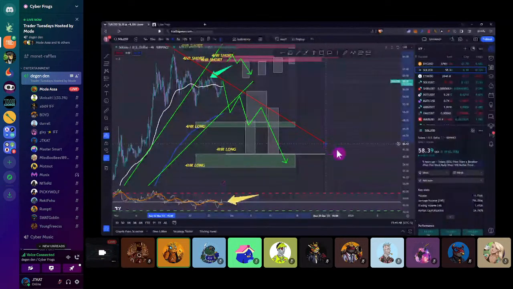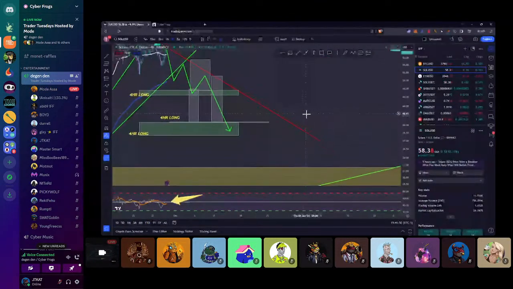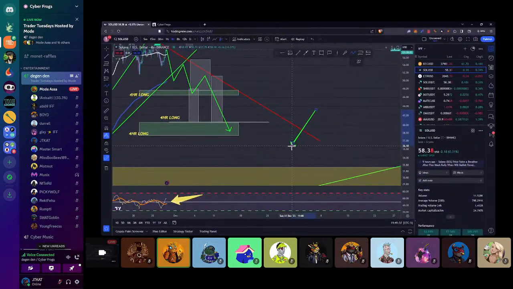And how do I know the downtrend is ended? When I have a break and I have a retest that gives me a higher low. That's my ultimate indicator that the trend is ended.